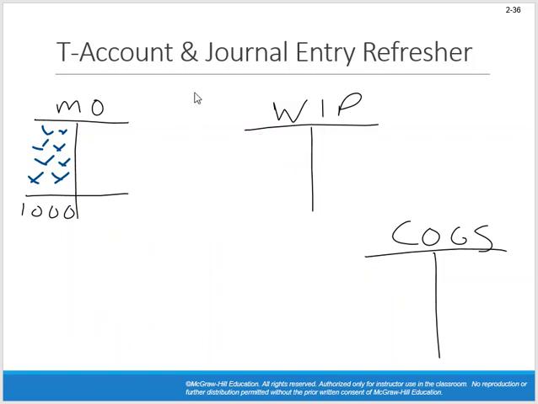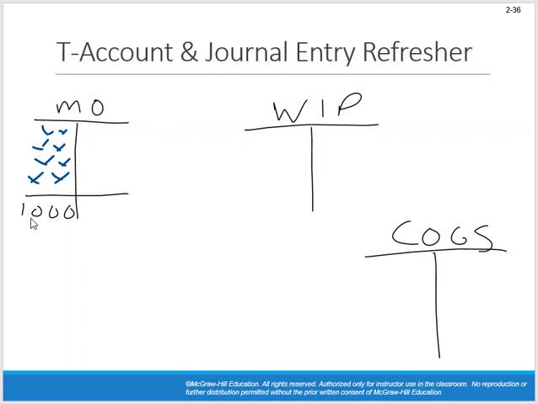So again, let's say that we have MO that's accumulated in our MO bucket during the year of $1,000. But this time, based on our predetermined overhead rate and our cost driver, we end up applying $1,400 of manufacturing overhead to WIP for our one and only job for the year.